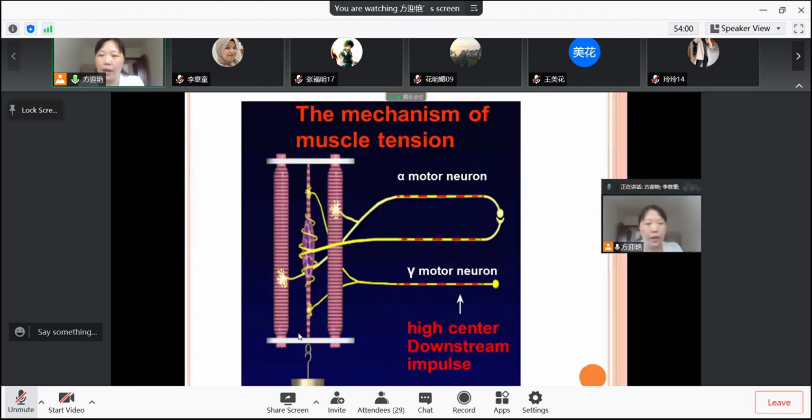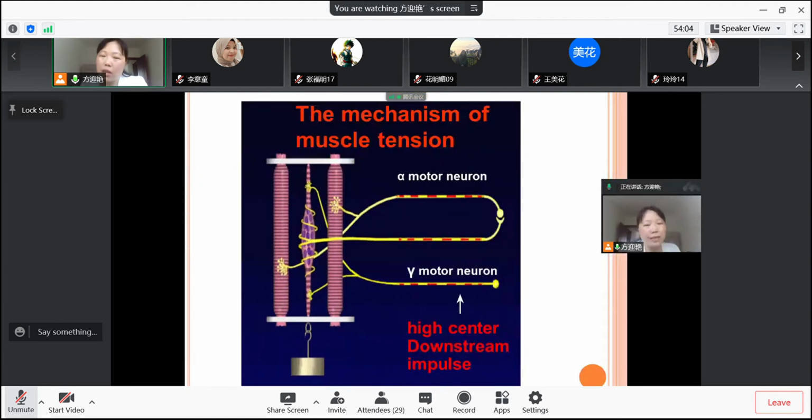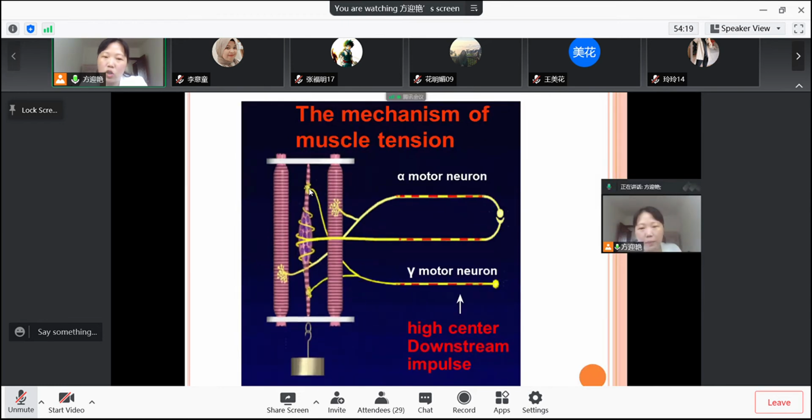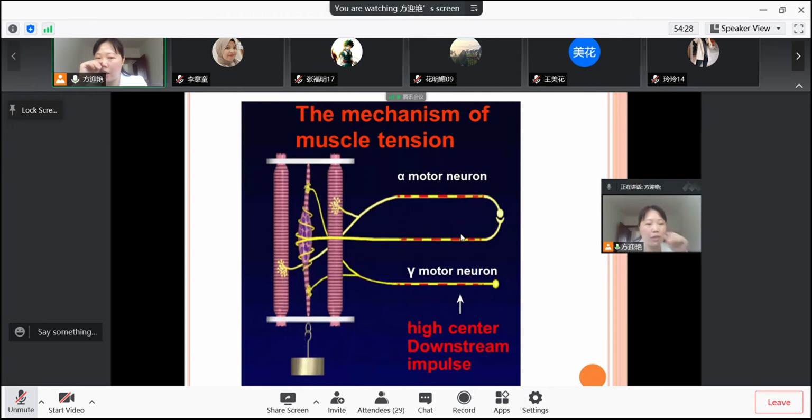Okay. Now we can see the mechanism of muscle tensing or muscle contraction. This is the spinal cord. The intrafusal muscle contraction also excites the muscle spindle. The muscle spindle is sensitive to length change.